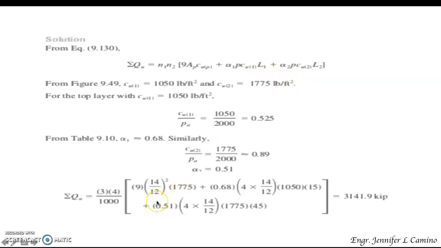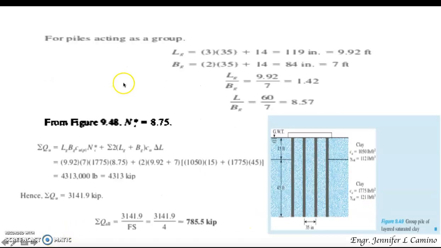We have converted our inches to feet. Substituting that and simplifying, we get 3,141.9 kips.